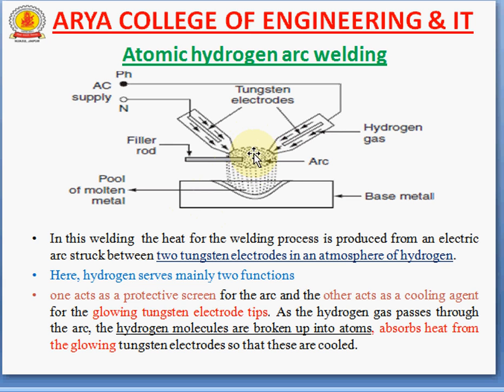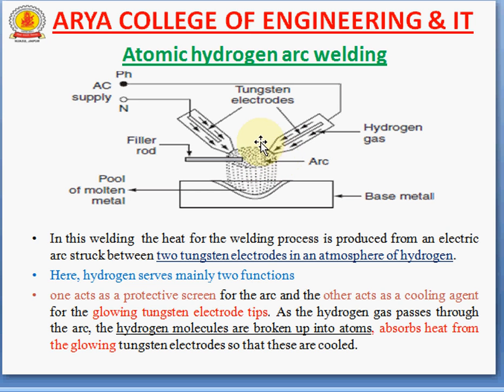One, it acts as a protective screen for the arc, and the other, it acts as a cooling agent for the glowing tungsten electrode tips. There are the tips. As the hydrogen gas passes through the arc, the hydrogen molecules are broken up into atoms, which absorb the heat from the glowing tungsten electrodes so that they are cooled.